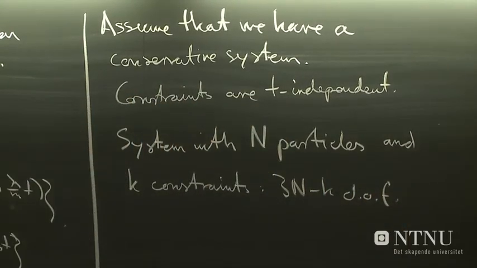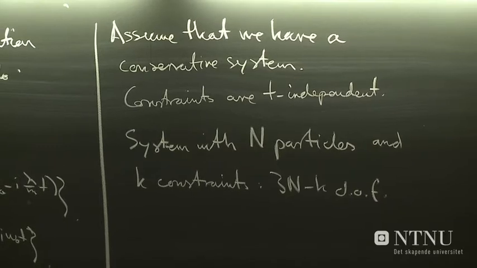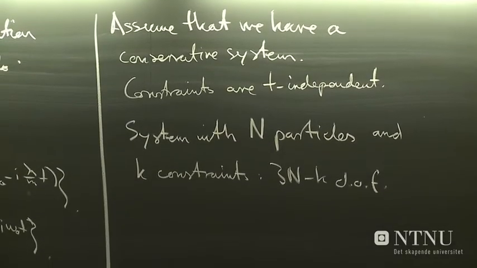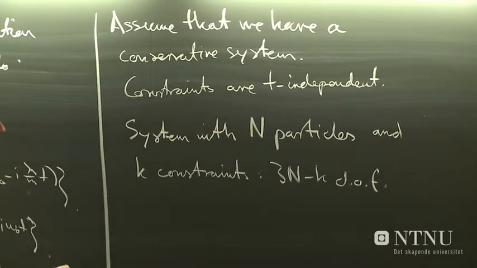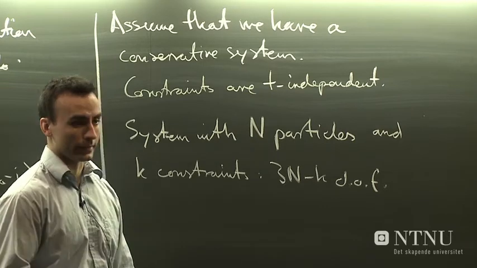So if we have a system with large n particles and k constraints, we know that in 3 dimensions in general we would have 3n minus k degrees of freedom.